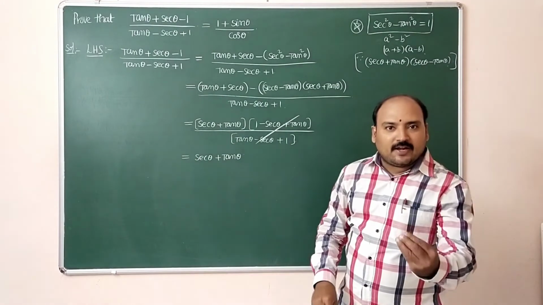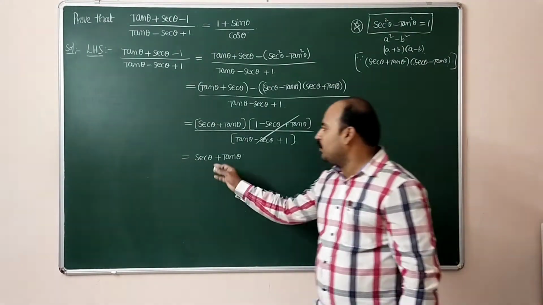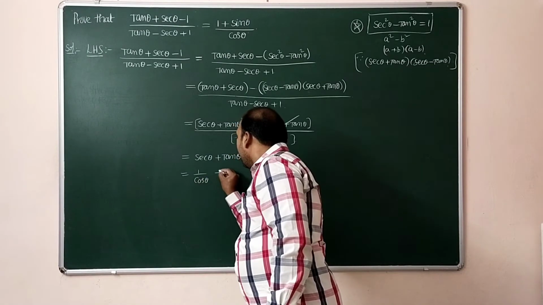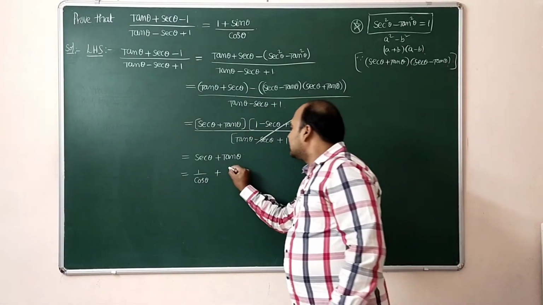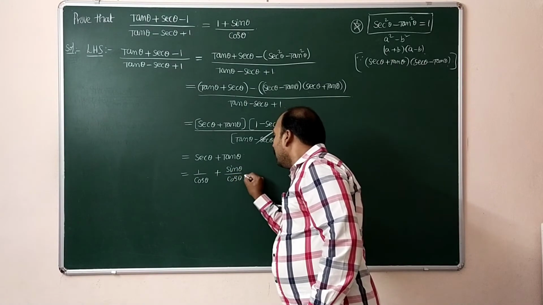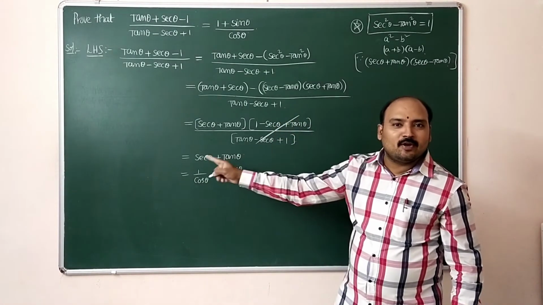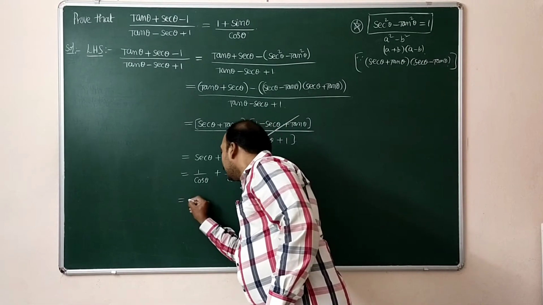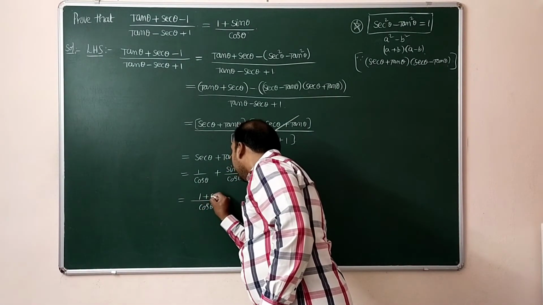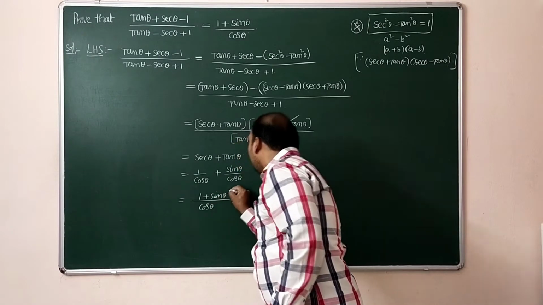Secant theta we can write as 1 by cos theta. The reciprocal of cos is secant. So 1 by cos theta plus tan theta, which can be written as sin theta by cos theta. Whenever the denominator is same, we can add the numerators only, no? So which is equal to, cos theta is the LCM, 1 plus sin theta, which is the required RHS.